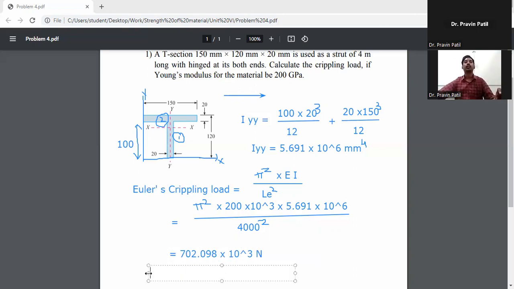Convert it into kilonewton: 702.098 kilonewton. So this one is Euler's crippling load for the T section.